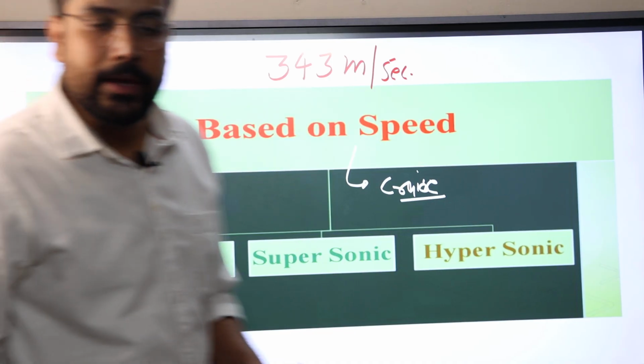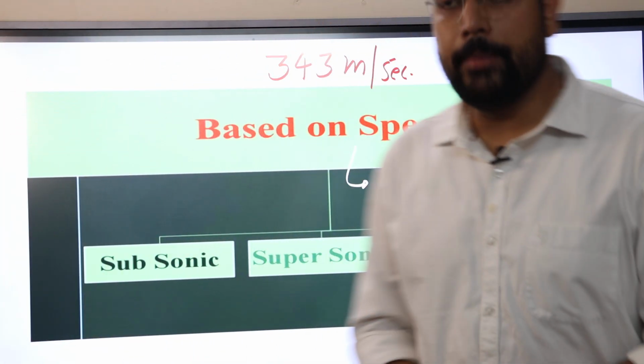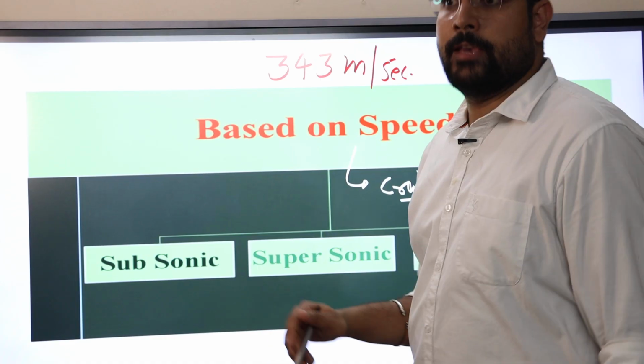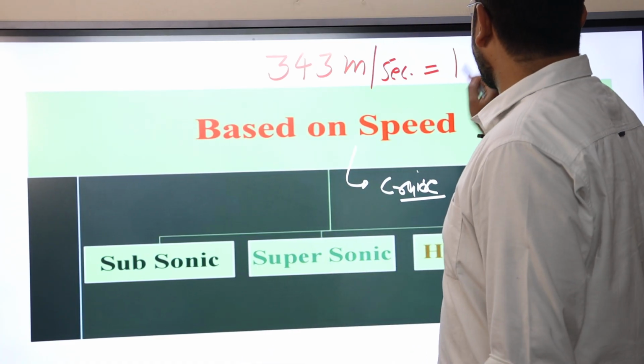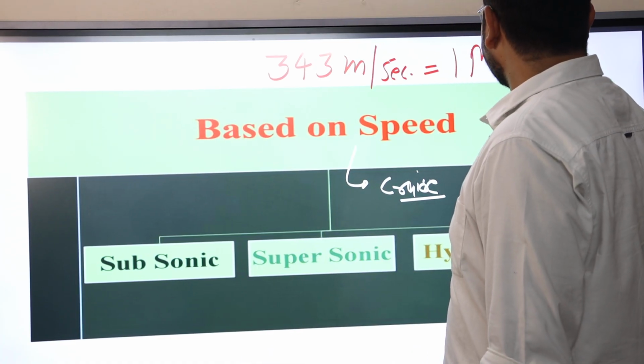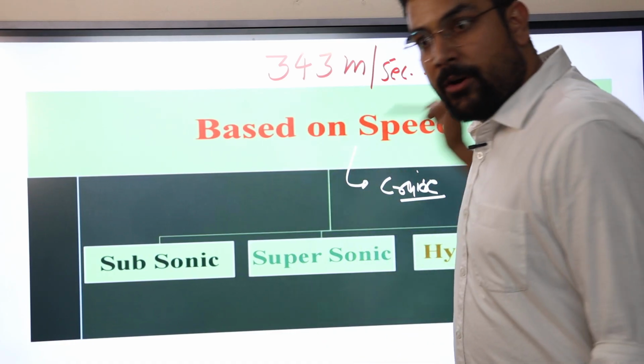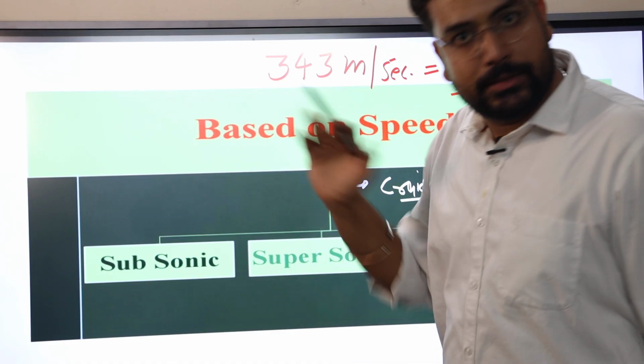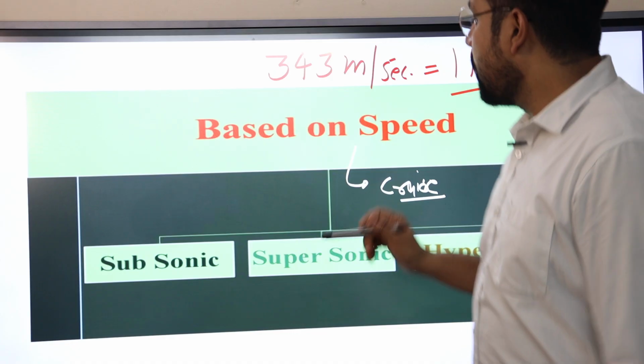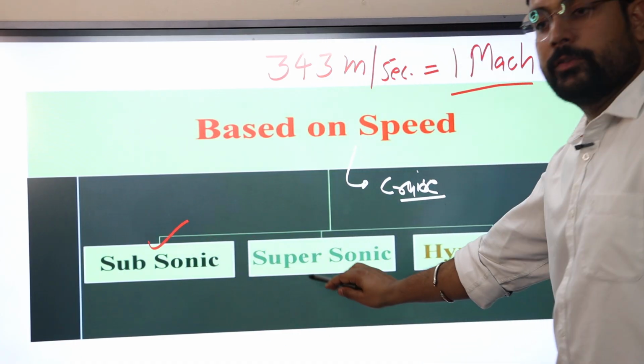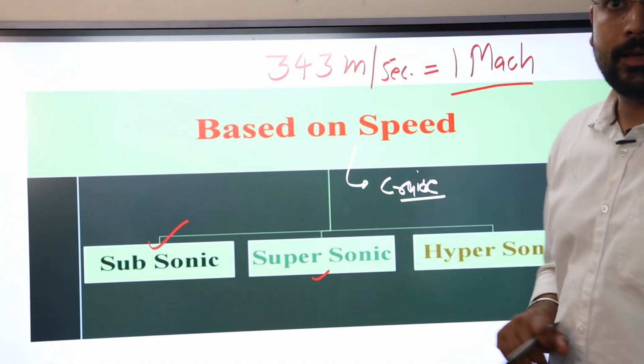The speed of sound in the air is 343 meter per second, which in science is known as 1 Mach. On the basis of this 1 Mach, there are a total of 3 categories of missile called subsonic missile, supersonic missile and hypersonic missile.